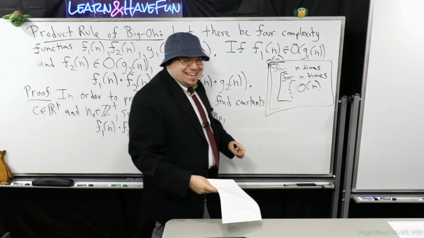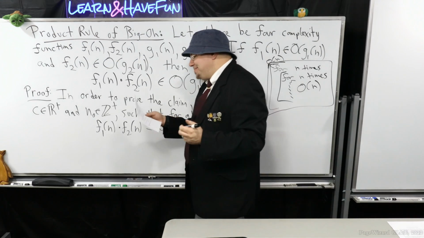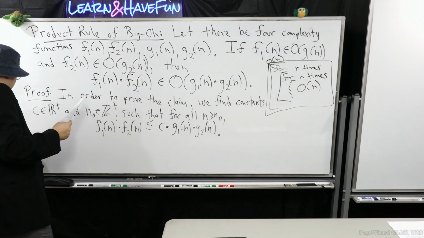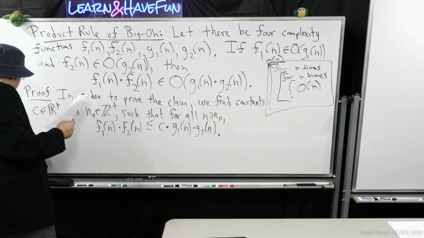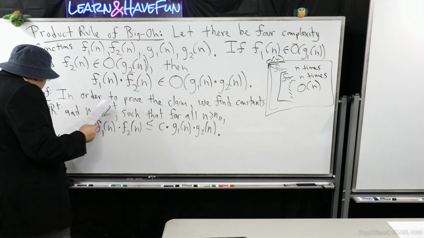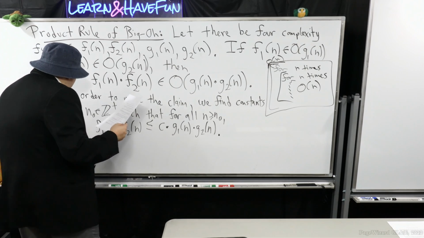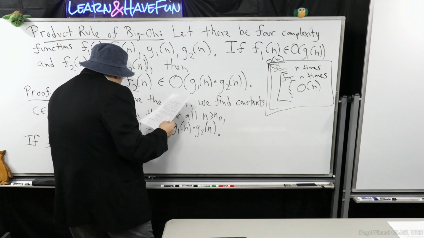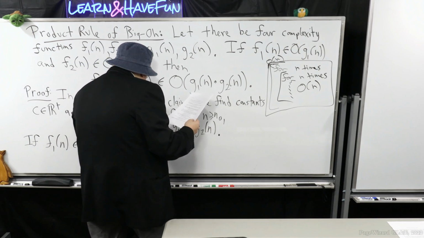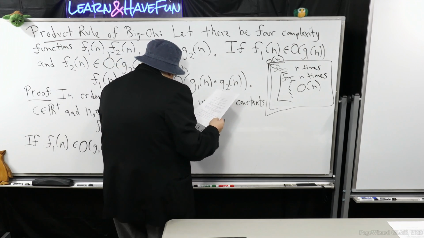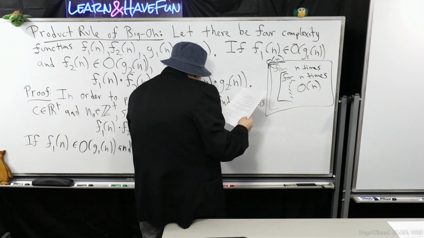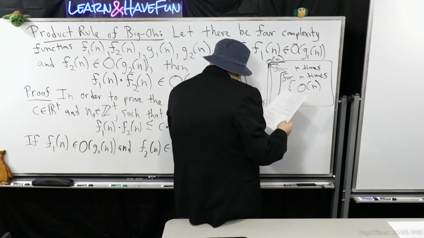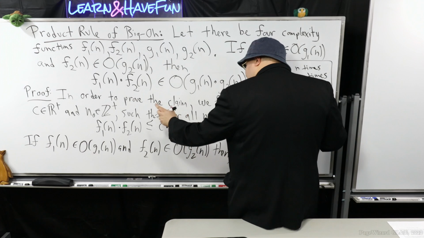So let's get into it. If F1 is big O of G1 and F2 is big O of G2, then, like we've seen before, I can use their definitions, right?